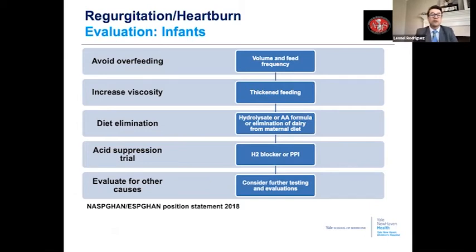The next intervention is aimed at increasing viscosity. We achieve that by thickening feeds. There is a lot of work being performed at the moment on this topic. All the preliminary studies are showing a clear benefit on regurgitation, but not so clear in other symptoms.